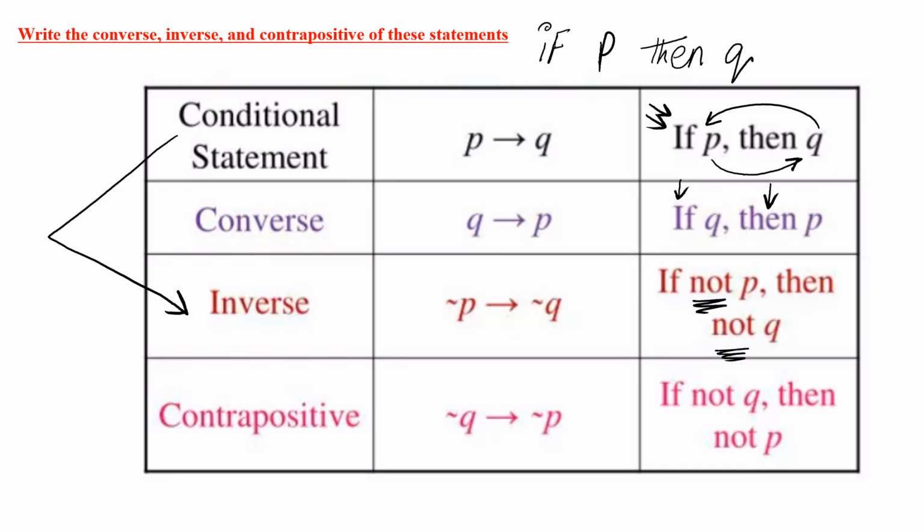Similarly, the contrapositive is the negation of the converse statement. So what does it mean? Adding the not in the converse statement will make it the contrapositive statement, which means if not Q, then not P.